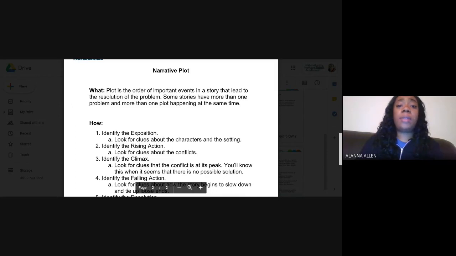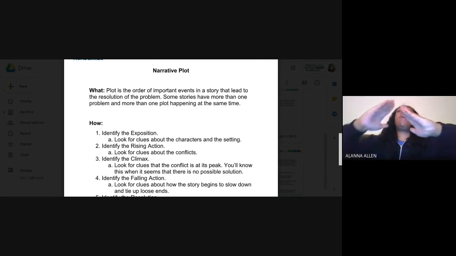Look for clues about the characters and the setting. Two, identify the rising action about the conflicts. Three, identify the climax. Look for clues that the conflict is at its peak. You'll know when this is when it seems that there is no possible solution.